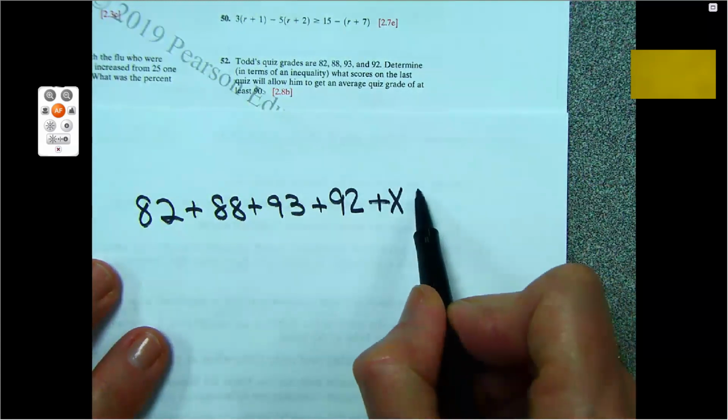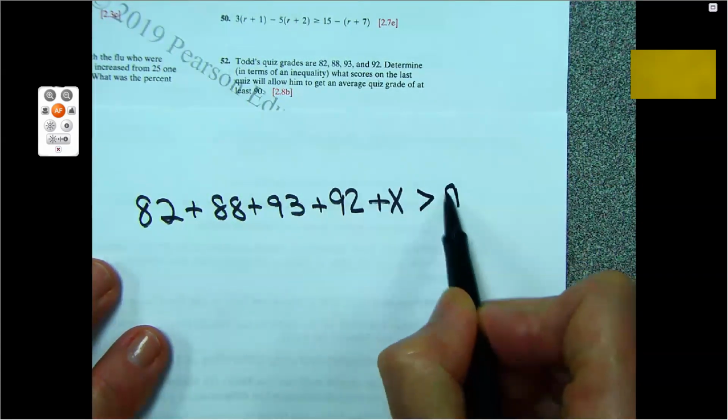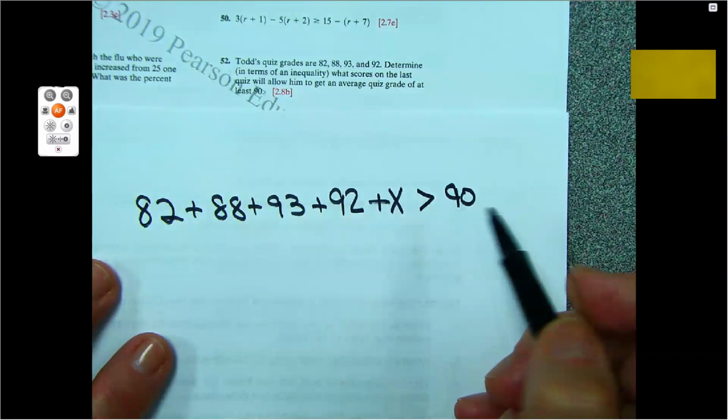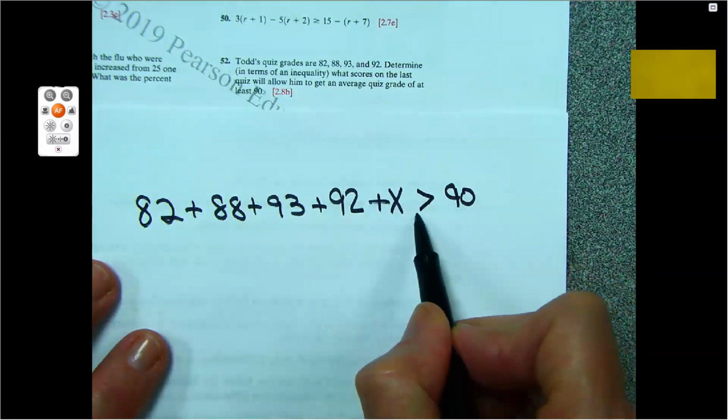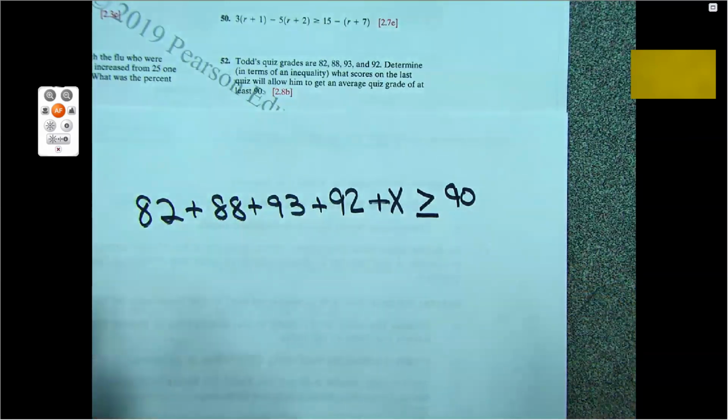So at least 90%, that could be greater than 90, right? At least 90% is equal to. When we do a calculation for average, we take the number of data items and divide by the count, right?